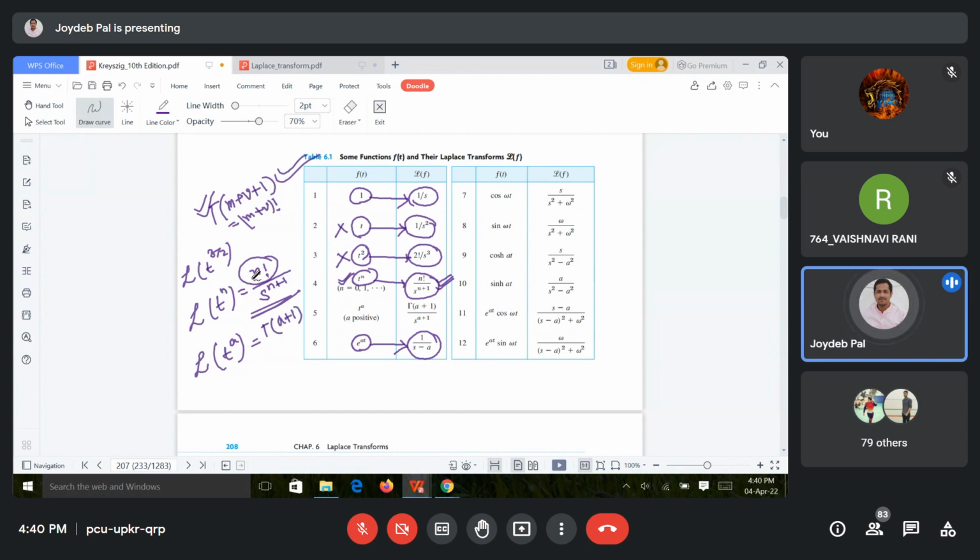For an integer, n factorial is gamma n plus 1. That is the generalization, divided by s to the power a plus 1. So that is the more general formula. From this formula you will get all of these.